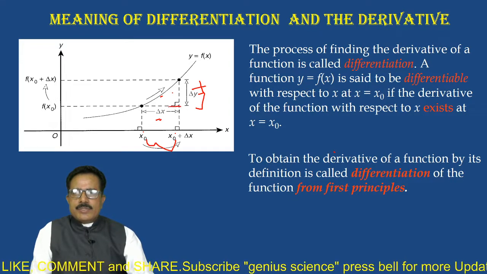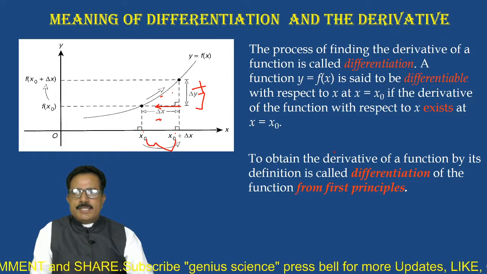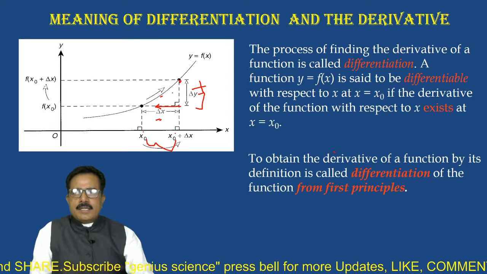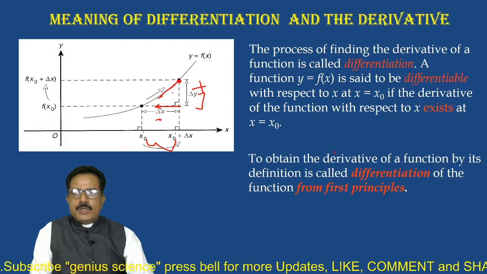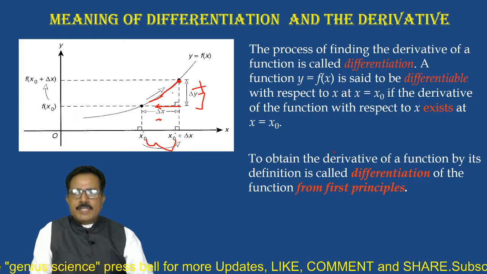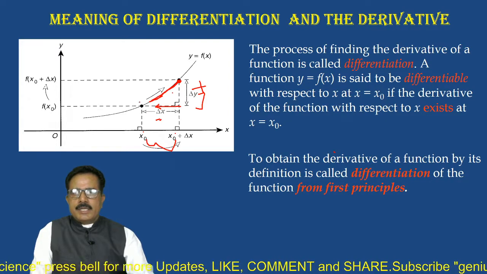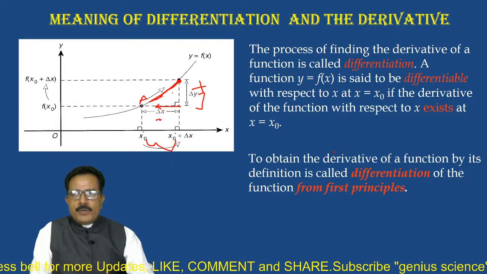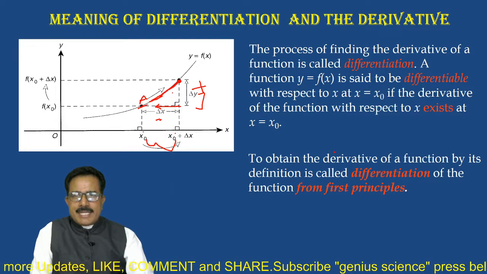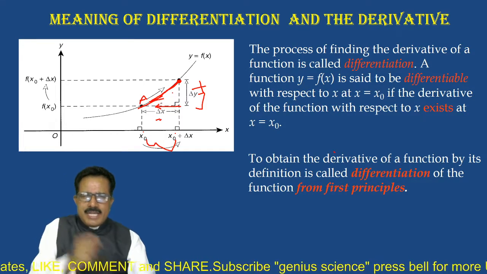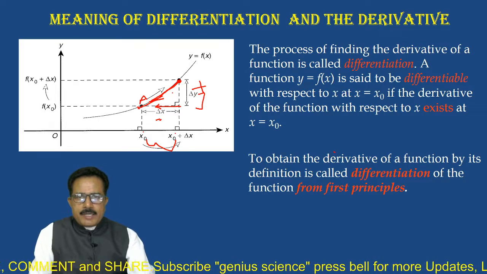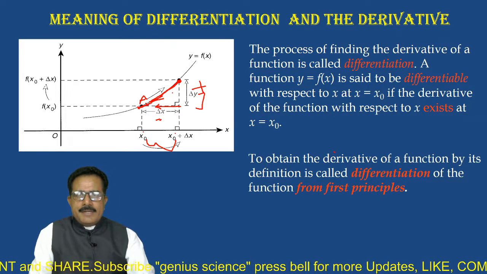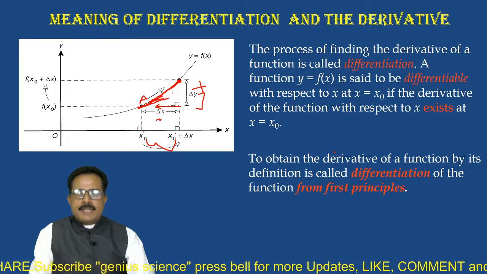If delta x tends to 0, meaning we decrease the value of delta x, then the corresponding delta y goes to 0. Similarly, this point goes nearer to this point. Then, when delta x tends to 0, the curve goes to a straight line which is the tangent at this given point.